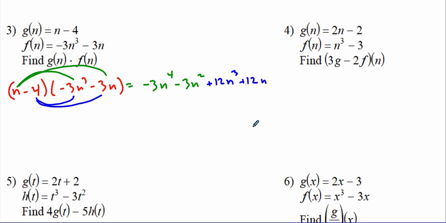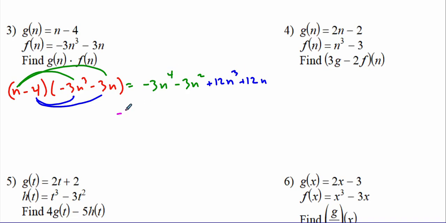So now we combine like terms, but it looks like there are no like terms. 4, 2, 3, 1. So yeah, there's no like terms, so nothing really combinable. However, you should still write this out in standard form. In other words, the polynomial should start with the highest exponent, so right there.